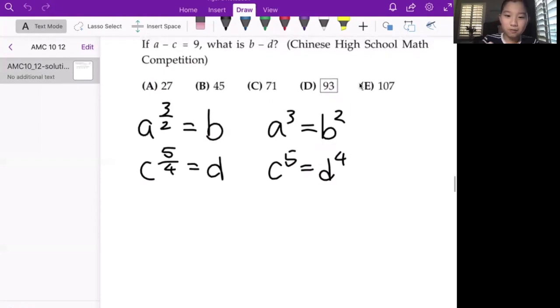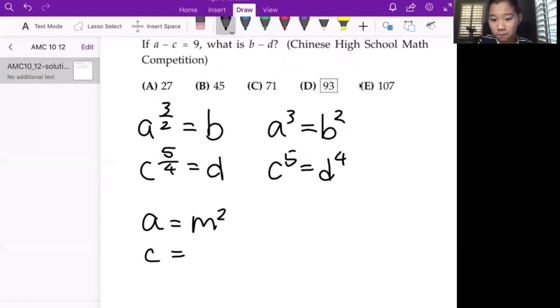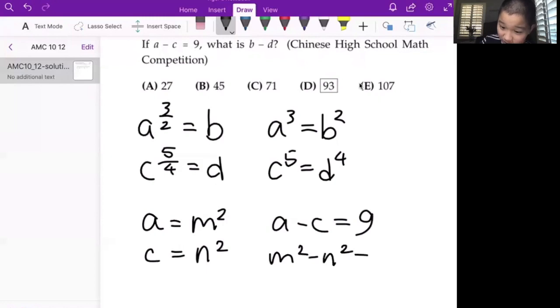So let's see how we can describe it. A equals, let's say, m squared, and C equals, in fact, we don't even need the fact that it's a fourth power. We only need the fact that it's a square, because a fourth power is also a square. So C equals n squared. Then A minus C equals 9 becomes m squared minus n squared equals 9.